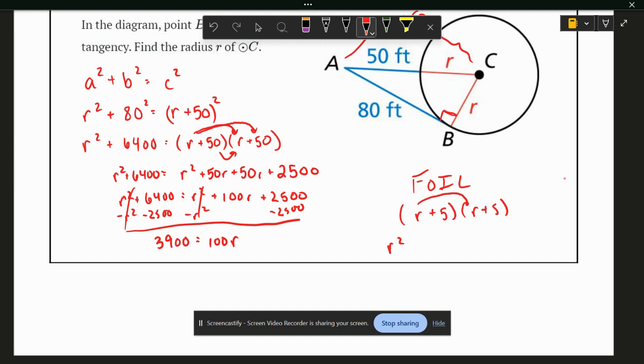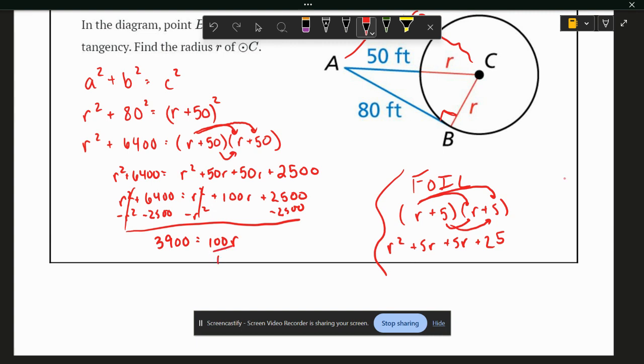Then you do outside, the outside two, that'd be 5r. The inside two, so 5r. And then your last, so 25. And that would be your FOIL.